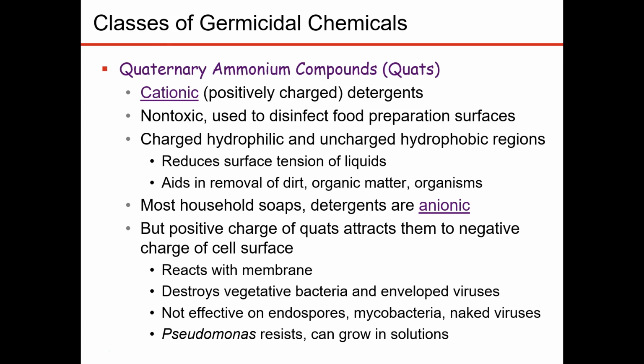Reduces the surface tension of different liquids, helps in removal of dirts and organic materials. Most household soaps and detergents are going to be anionic, so that means they have more of a negative charge. However, the positive charge of quaternaries are going to attract them to the negative charge of the cell surface, which is very good. Soaps and detergents being anionic, relying more on their hydrophobicity to break down the cell membrane.